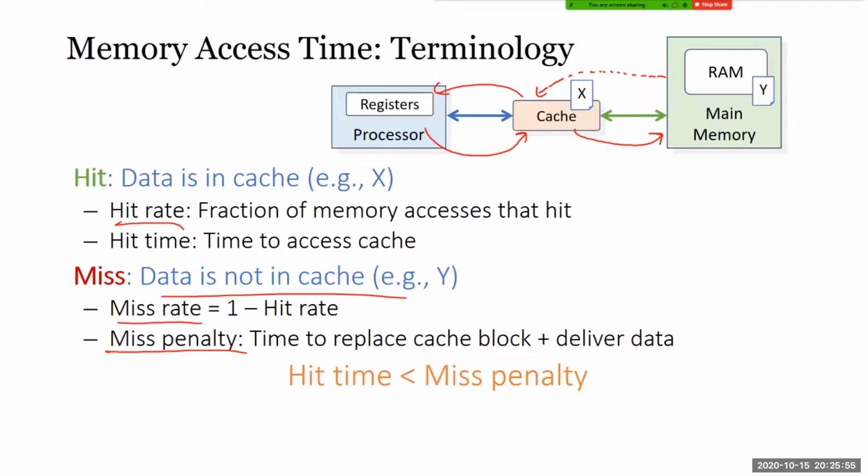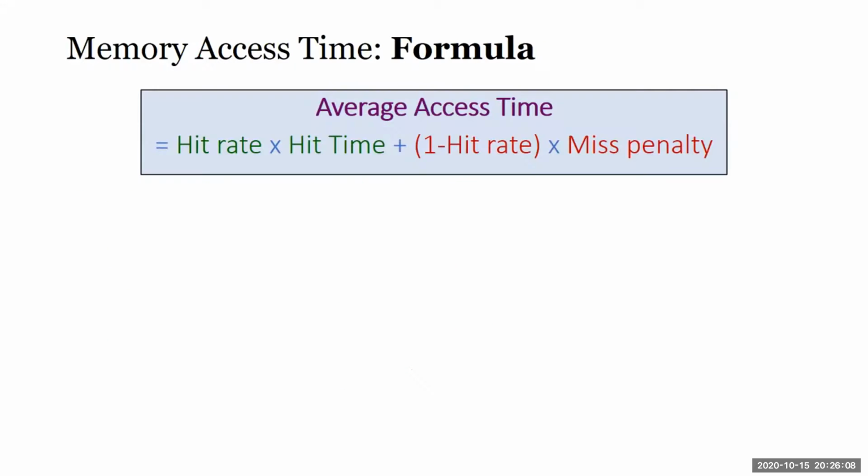Of course, there's a hit rate and a miss rate. This is just basic math. Hit rate: if I want to access 10 memory locations and six of them are in the cache, my hit rate is 6 out of 10. Miss rate is just 4 out of 10. On average, what's the average access time? The hit rate multiplied by the hit time.